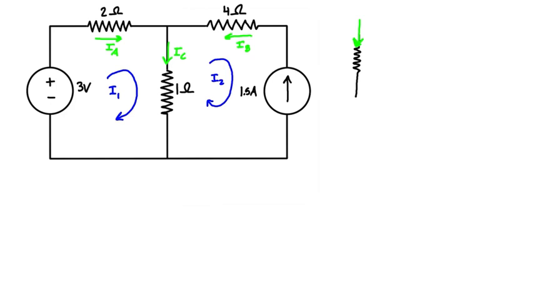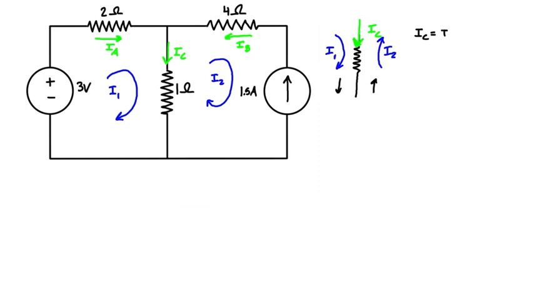But looking at IC here, when we're coming down into this resistor, we have this mesh 1, which is going this way, I1, and we have this other one, which is going up, I2. And so really, IC is just going to be equal to the sum of the currents that are going this way minus the currents that are going that way. So it's going to be, sorry, that was I1.